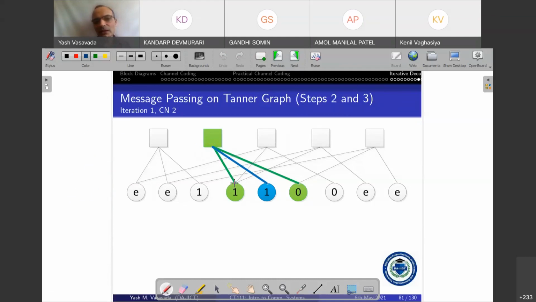For CN2, in this step number 2, these 2 VNs are going to pass a message, and they are going to say that I am 1. So that is VN to CN message passing, right? That we looked at. Then CN to VN message passing for this particular VN, which was, remember, erased earlier.